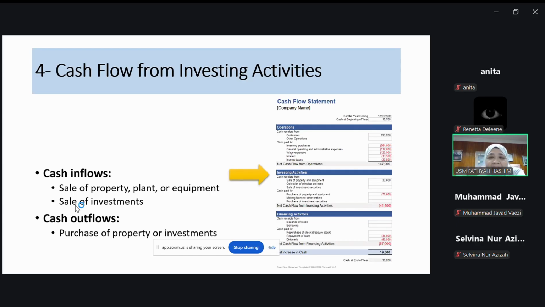And then cash outflow is when the company makes an investment. So if we invest, we need to pay out, right? Or if we invest in fixed assets like machinery, we purchase systems, then that is what we call investment.